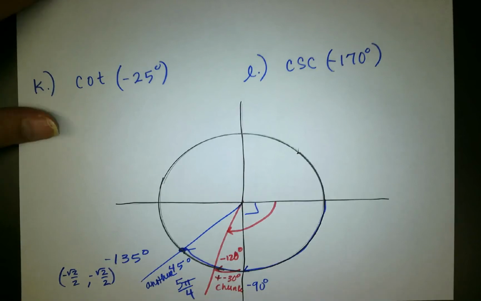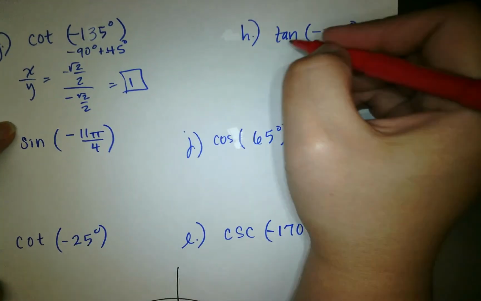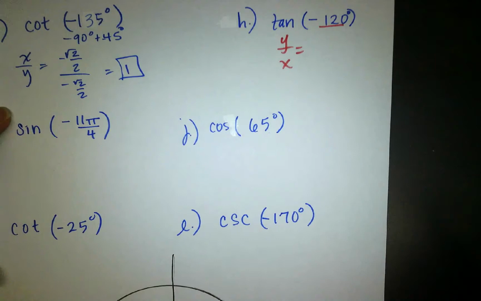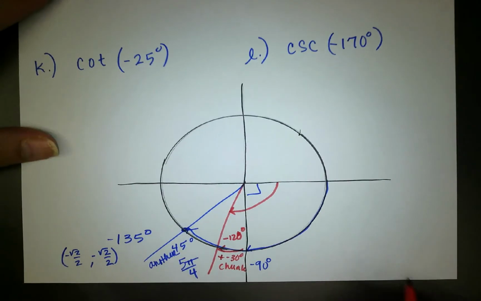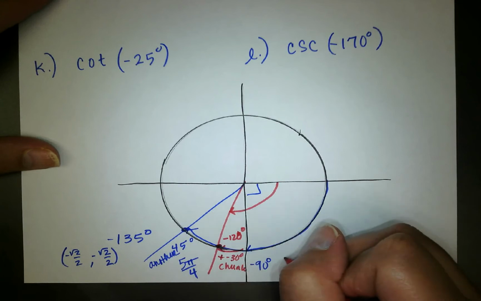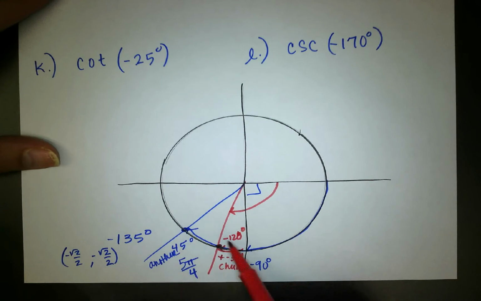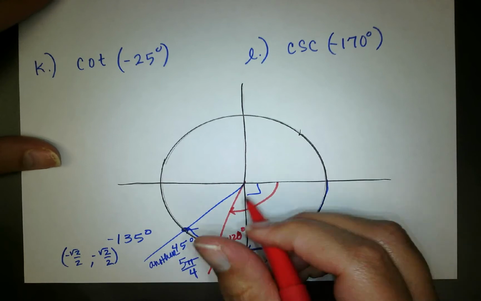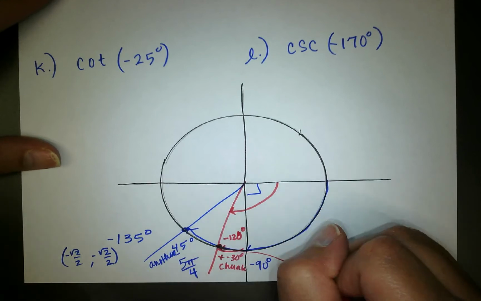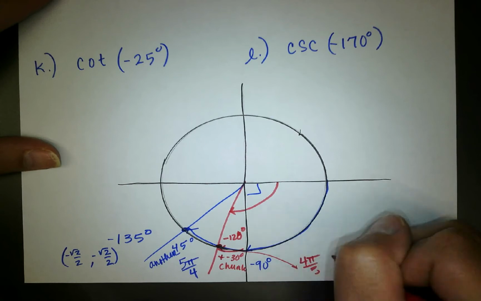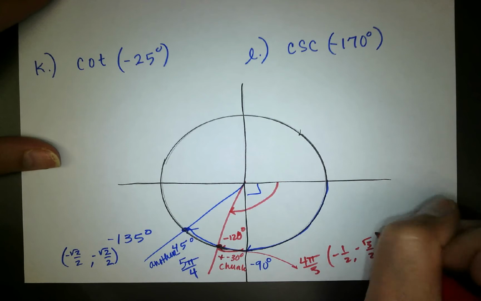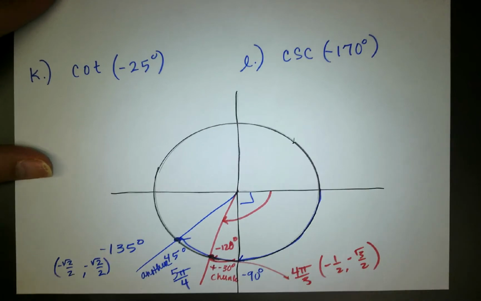So I want the tangent of this. Tangent is y over x, so what's that famous point down there? That's one of the pi over 3 guys. Technically that is 4 pi over 3, which is negative 1/2, negative root 3 over 2, and I want the y over the x.